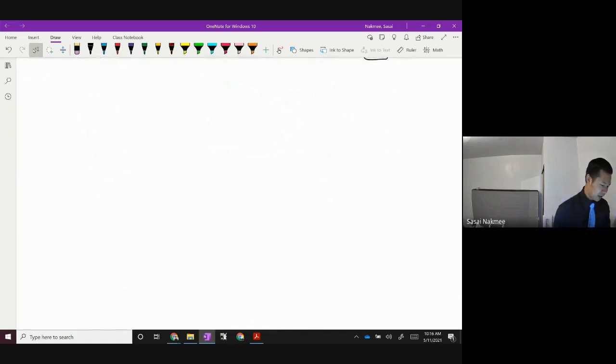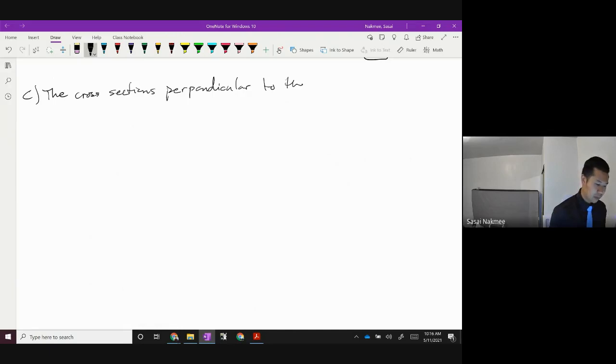Let's try another one. This time, instead of a semicircle, let's say the cross sections perpendicular to the x-axis are rectangles whose heights are 3.